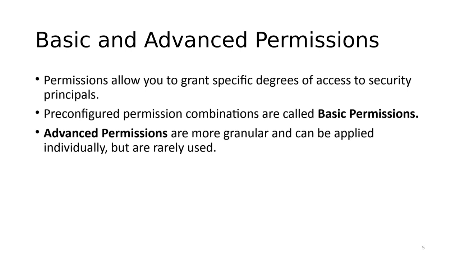Permissions allow you to grant a specific degree of access to a security principal. Pre-configured permission combinations are called basic permissions. Then we have advanced permissions. They are more granular and can be applied individually. That's why they are called advanced, but they are rarely used.